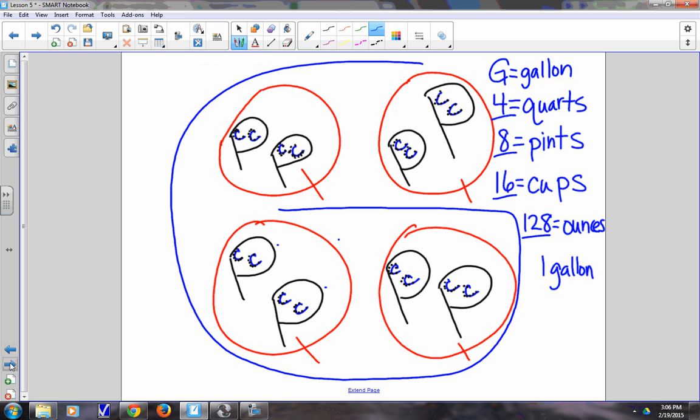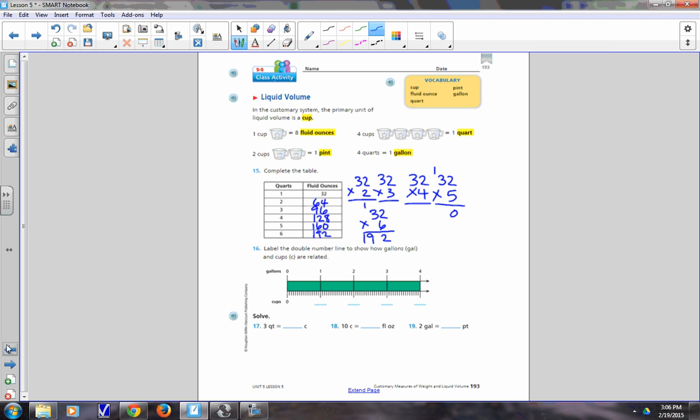How many cups are in 1 kingdom? 1, 2, 3, 4, 5, 6, 7, 8, 9, 10, 11, 12, 13, 14, 15, 16 cups. 16. So if I note 2 gallons, it's going to be 32. 16 times 2. How many is it going to be for 3? 16 times 3, 48. 16 times 4, 64.